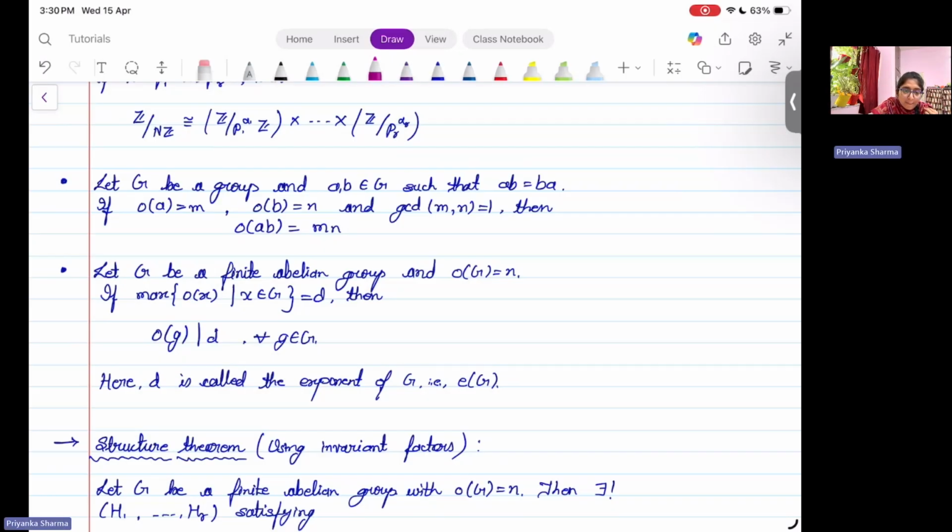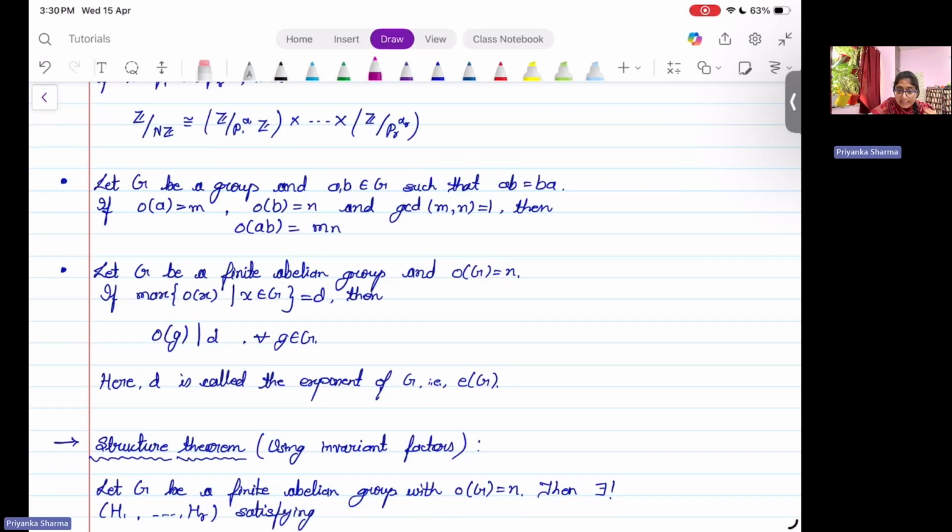If the maximum of the order of elements in G is d, that is d is the maximum of the set where we have the order of x, where x belongs to G, then the order of g divides this maximum order d for all elements g belongs to G.